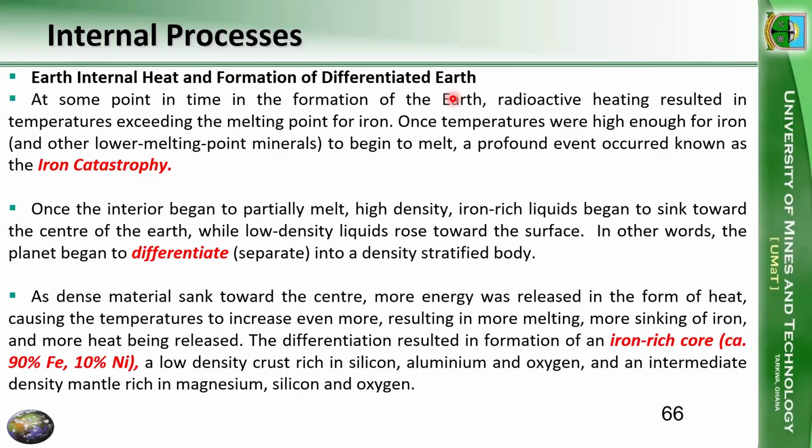And as the denser material sank toward the center, more energy was released in the form of heat. This caused the temperatures to increase even more. And when the temperature increased, more melting occurred, and more iron went down.